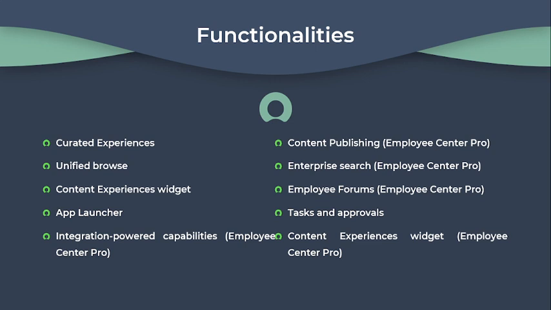Then content publishing, this is also a functionality of Employee Center Pro. Content publishing allows you to create and publish a variety of content including rich content, news articles, task notifications, surveys, and social media messages.